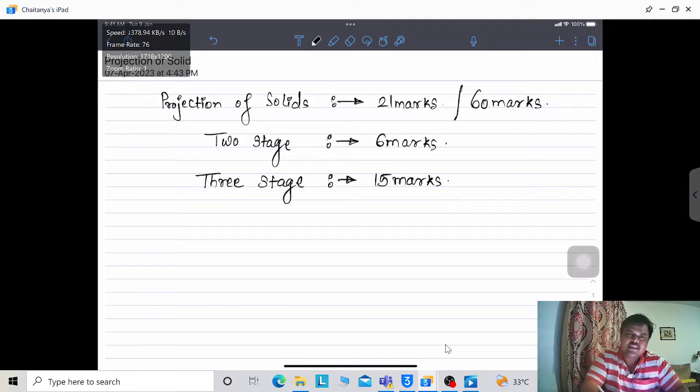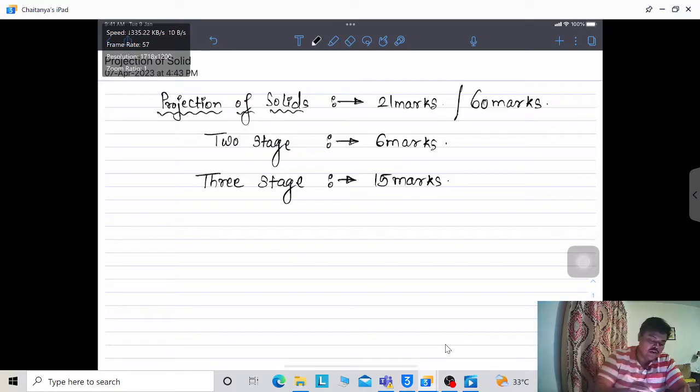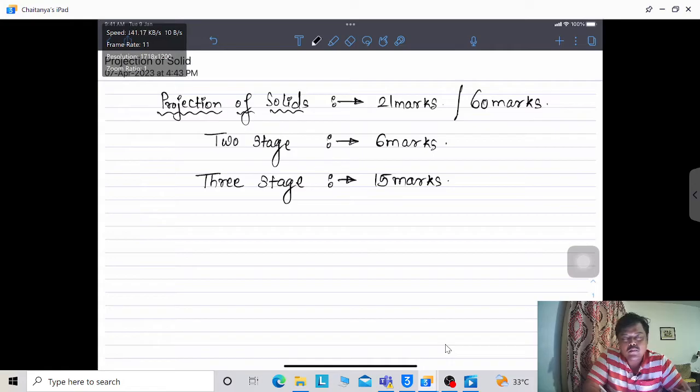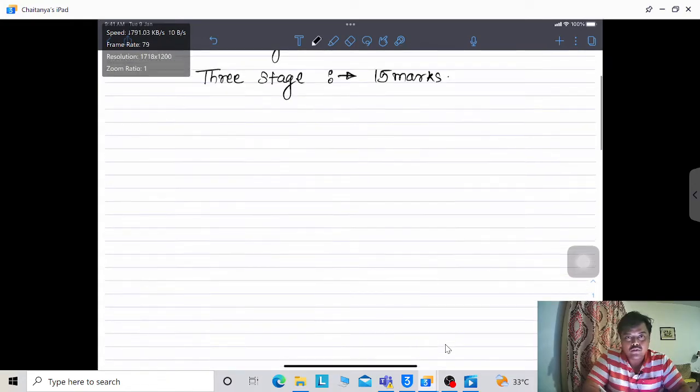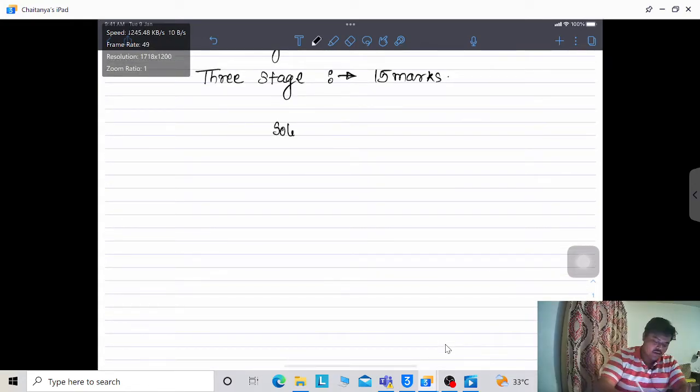So it's very important. When you're concerned with the projection of solids, you need to learn some basics about solids. What is a solid? When you're concerned with solids, you just need to know the points or technical words related to solids.